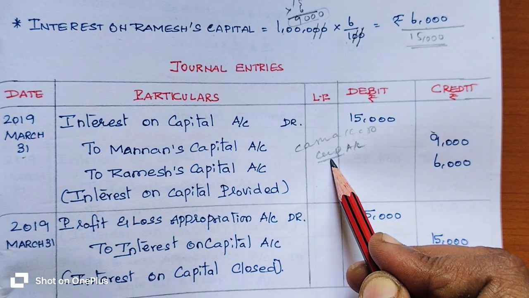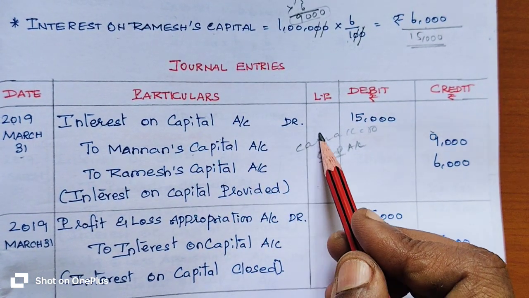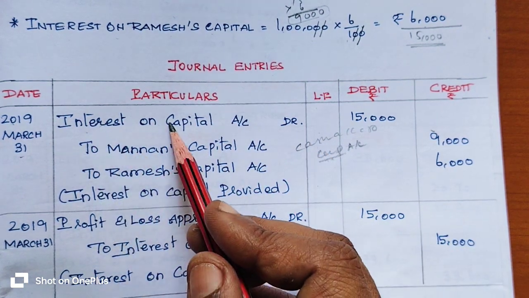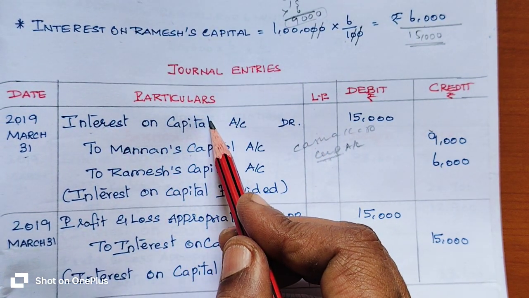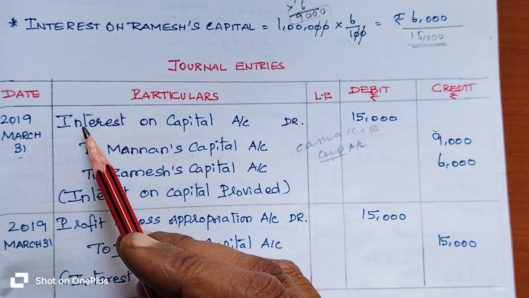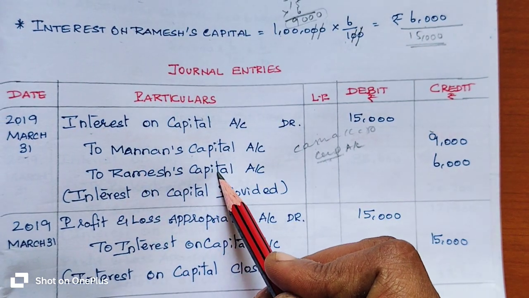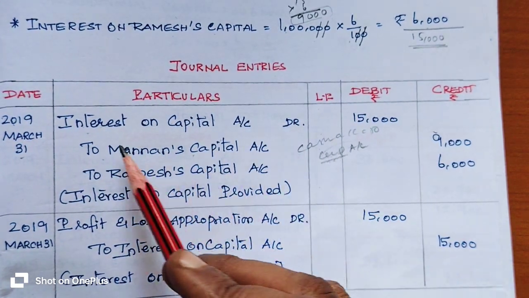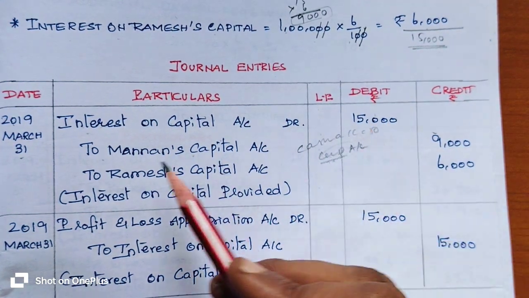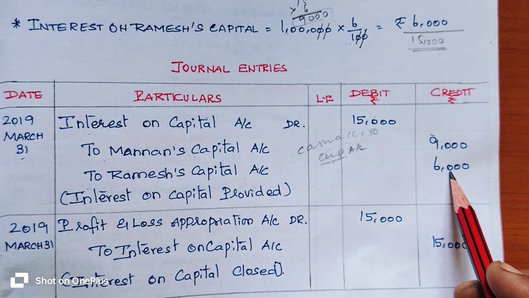Capital account is on the credit side. In opposite, you have to write interest on capital. So the journal entry for interest on capital is interest on capital account debit to respective partners' capital accounts. Interest on capital is 15,000 rupees. To Mannan's capital 9,000, to Ramesh's capital 6,000 rupees.